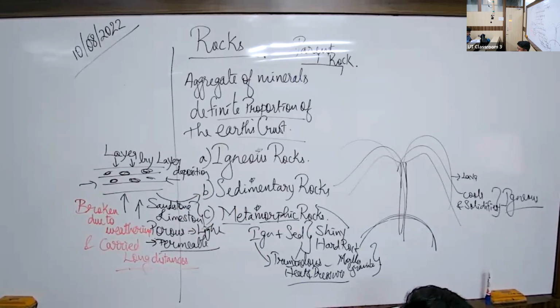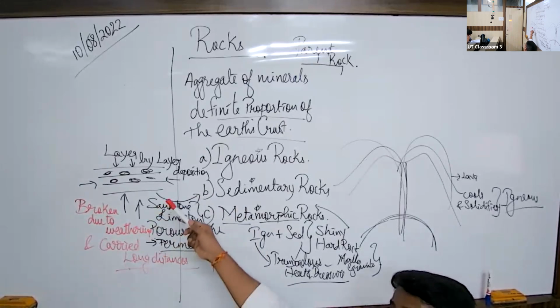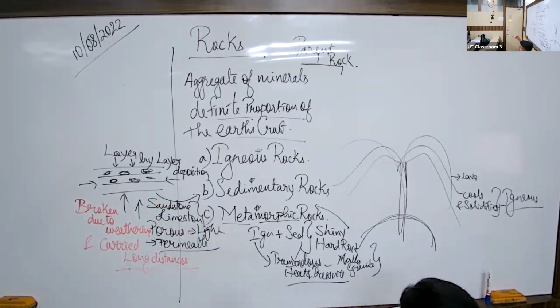So we always believe these are layer by layer, and it may not be 1 or 2 years, but millions of years. One layer upon another layer upon another, and when there are forces acting, horizontal, compressional and tensional.